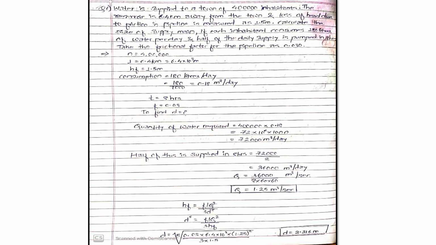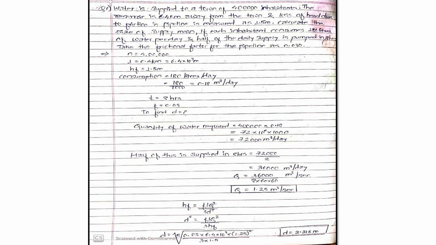I will read out the problem. Water is supplied to a town of 4 lakh inhabitants. The reservoir is 6.4 kilometer away from the town and loss of head due to friction in pipeline is measured as 1.5 meter.